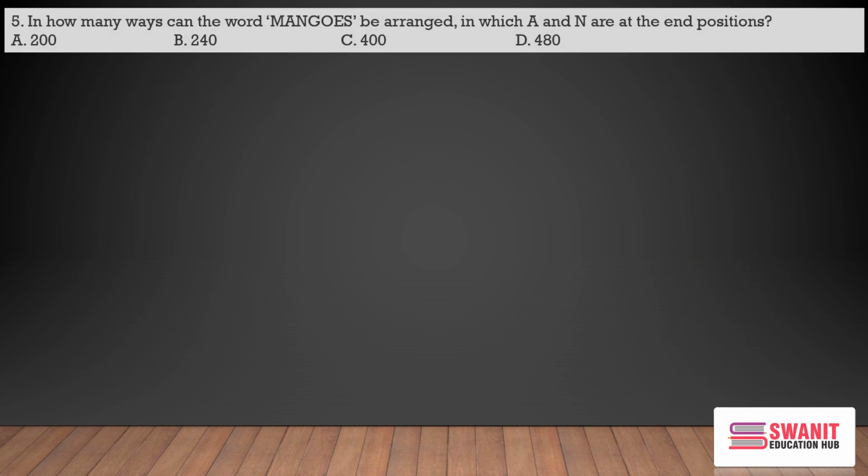In how many ways can the word MANGOES be arranged in which A and N are at the end positions? So in MANGOES, there are 7 alphabets. Let me put 7 such places.